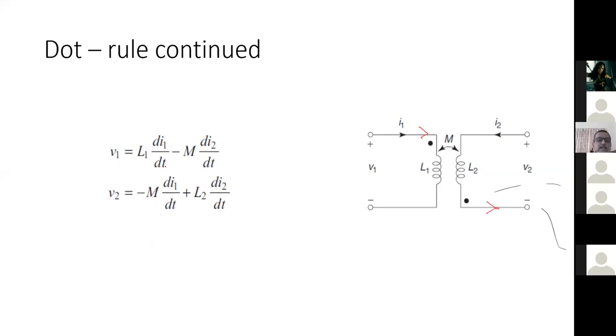Because of that, the sign of M is negative. The sign is not same. So what is V1? V1 is L1 di1 by dt minus M di2 by dt. And V2 is minus M di1 by dt plus L2 di2 by dt.